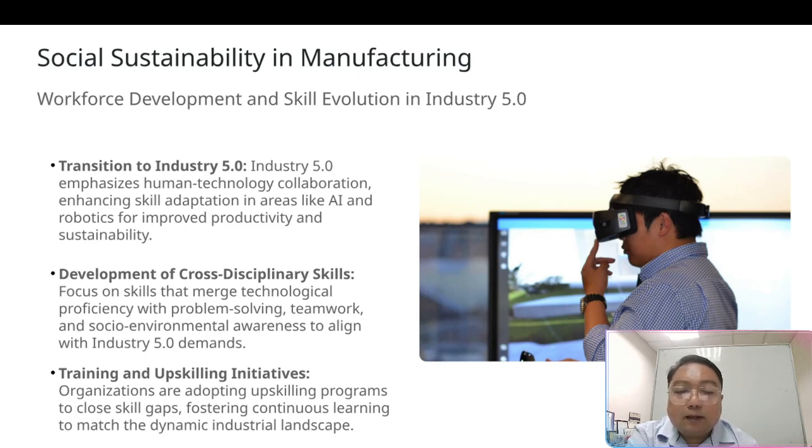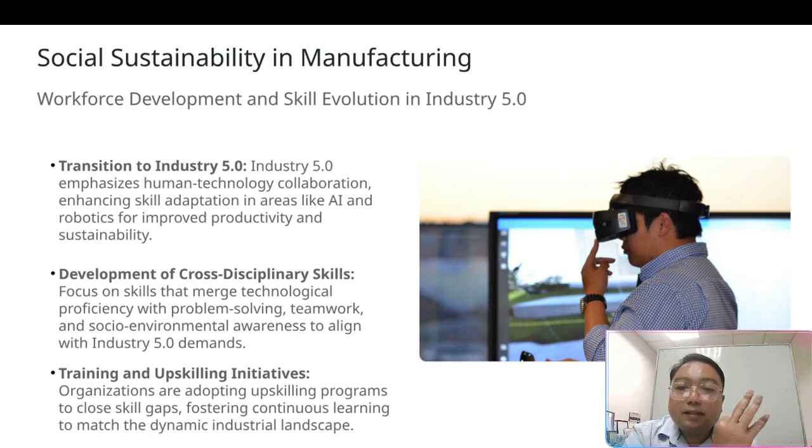When they coined the term 4.0, there was no artificial intelligence yet. Now, with the advancement of artificial intelligence, they coined another term, Industry 5.0, because it is a combination of three things: AI, human workers, and machines.